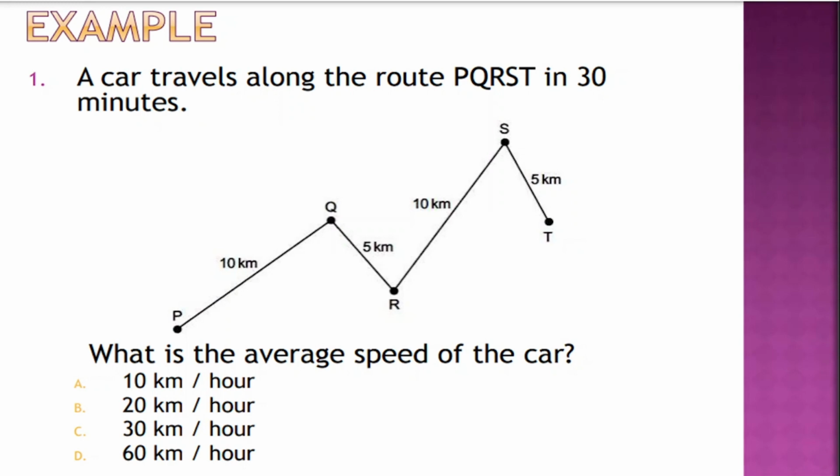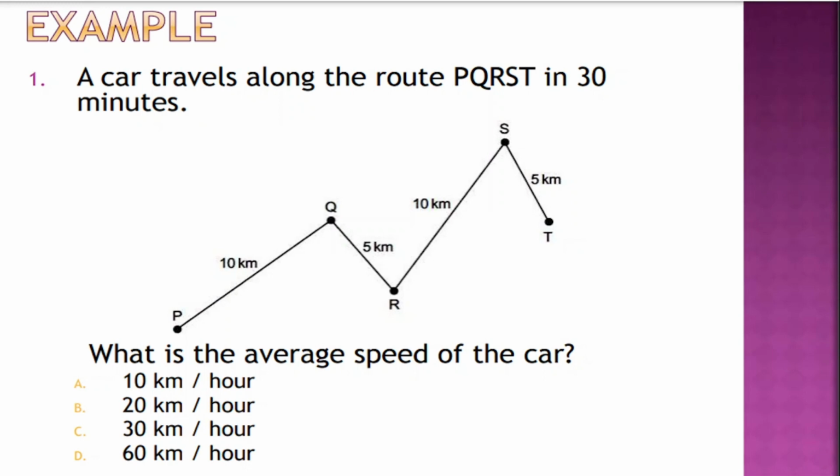First, from P to Q it covers 10 km, then from Q to R 5 km, and then from R to S 10 km, and finally from S to T 5 km more. Then the question is, what is its average speed? Find the average speed of the car.